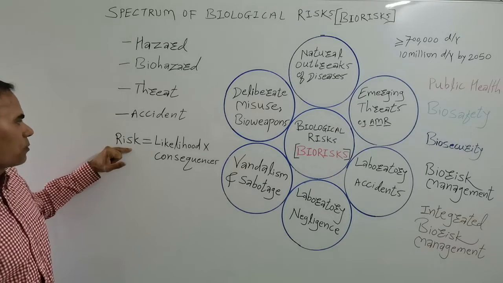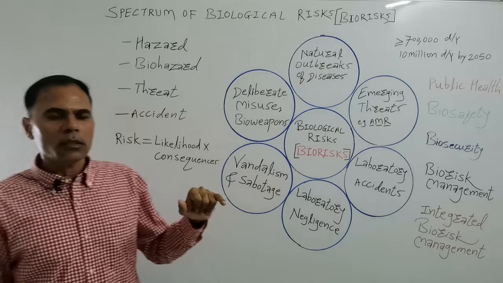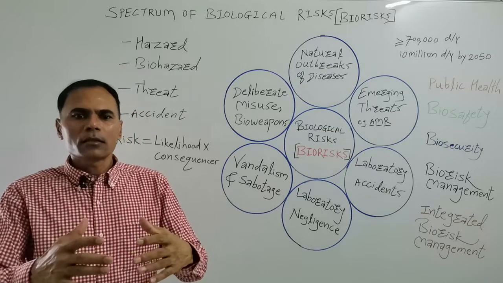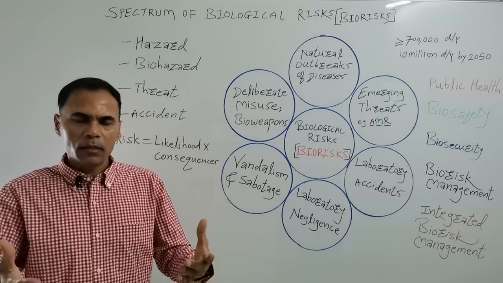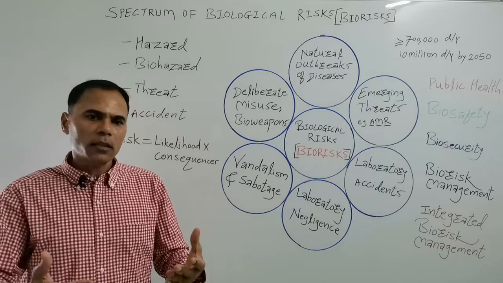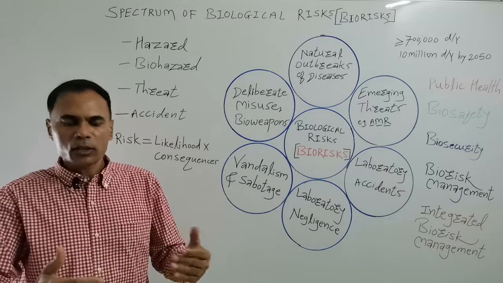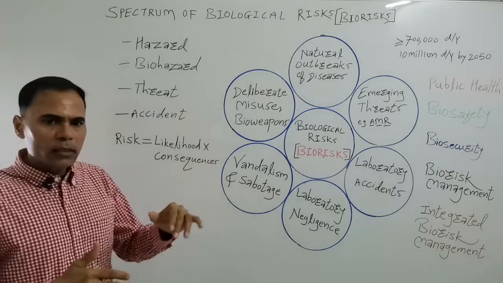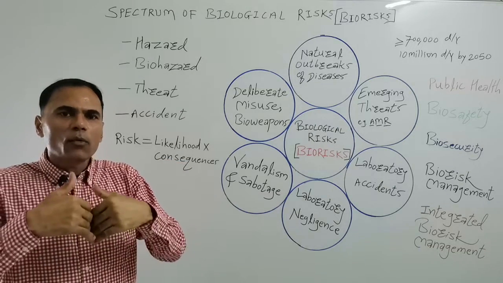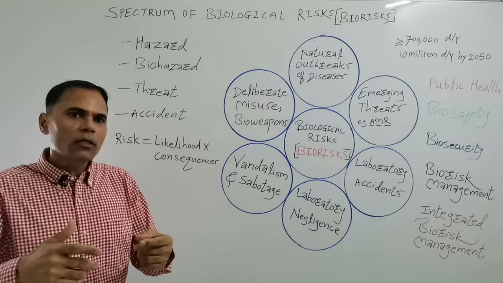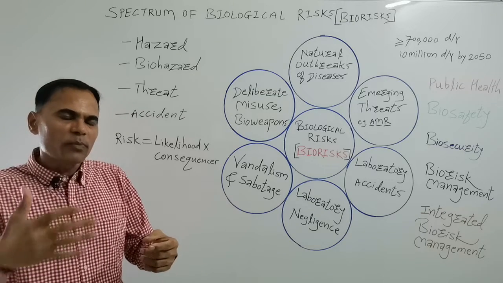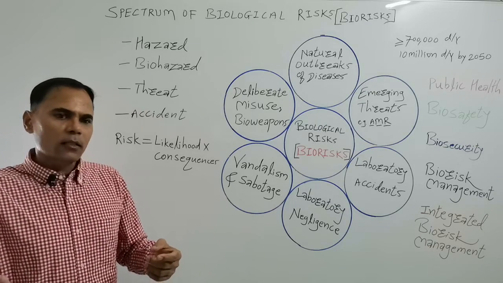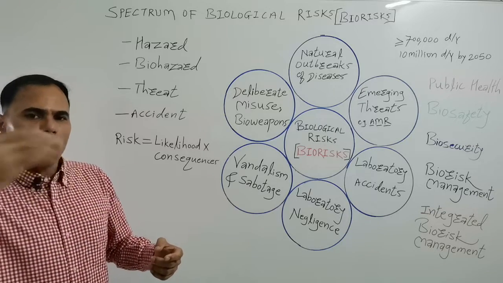Then risk. Risk is nothing but something bad or unpleasant will happen. To be precise, risk can be defined as the likelihood that something bad will happen involving the hazard, to be precise the biohazard, and/or threat, and the consequences of that occurrence.